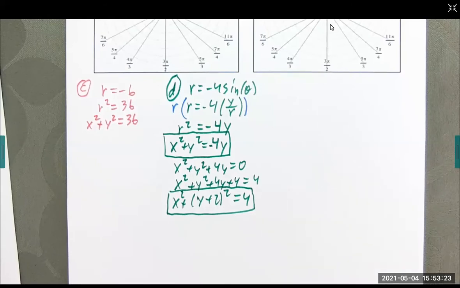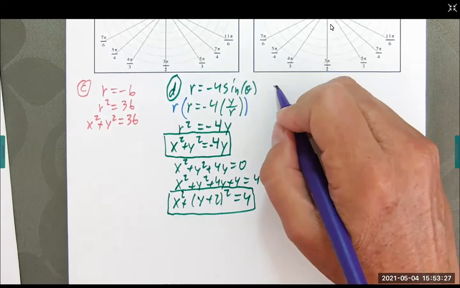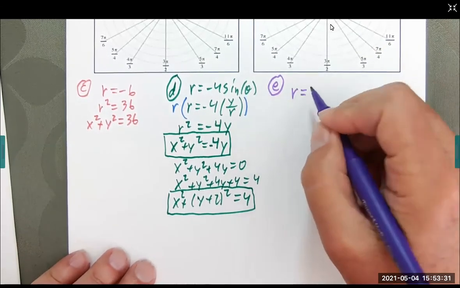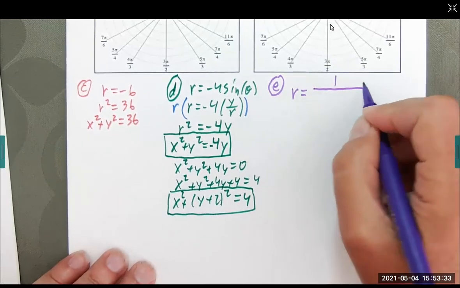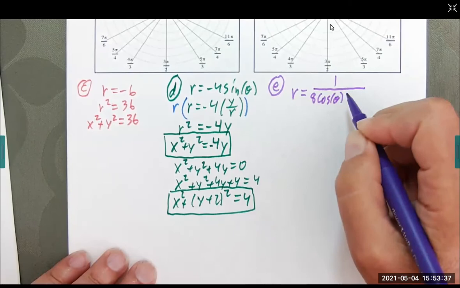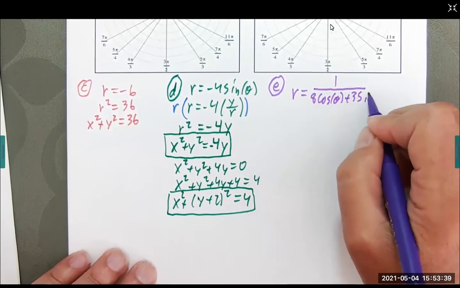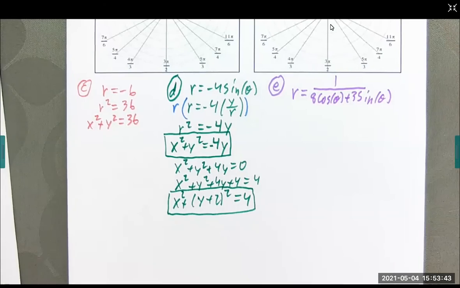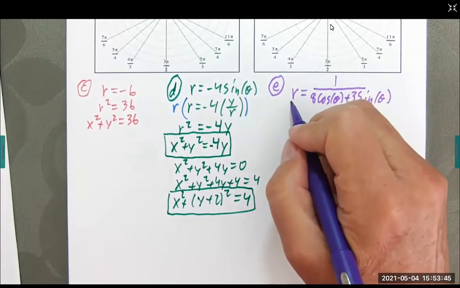All right, that leaves us with purple for part E. R equals 1 over 8 cosine theta plus 3 sine theta. And I'm actually going to cross multiply here.